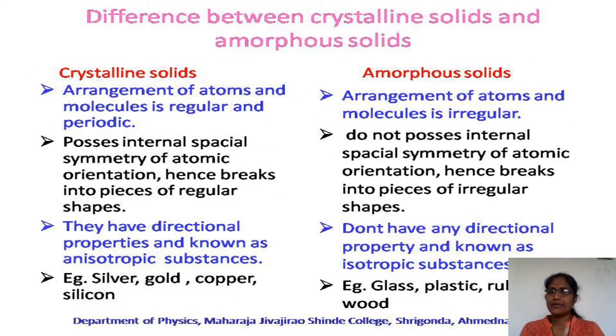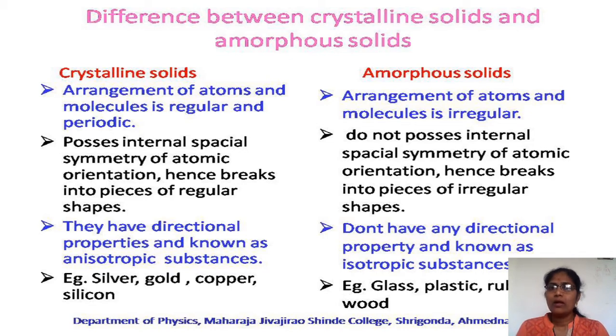Let's differentiate or find the difference between crystalline solids and amorphous solids. So, let's start with the definition. In case of crystalline solids, there is regular periodic arrangement of atoms or molecules in space, and such type of periodic arrangement is missing or not present in case of amorphous solids.